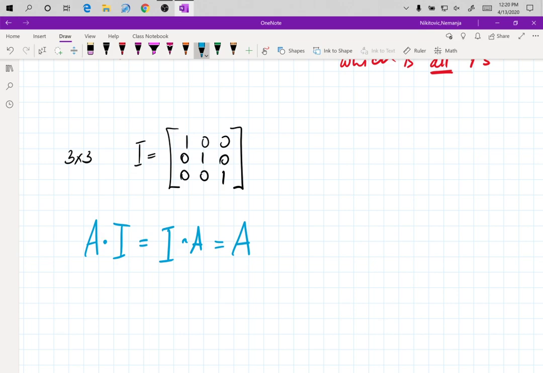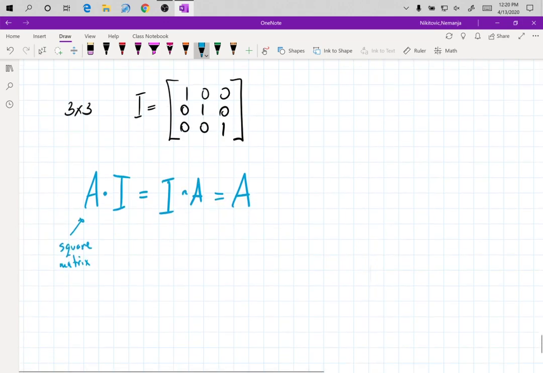And this one needs to be square. I forgot to mention that. So let's say square as well. And one thing that we did not define yet, and that's what we are going to need, is the inverse of a matrix.